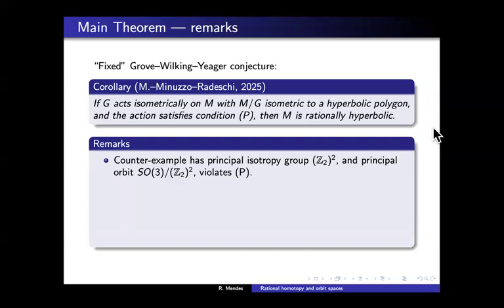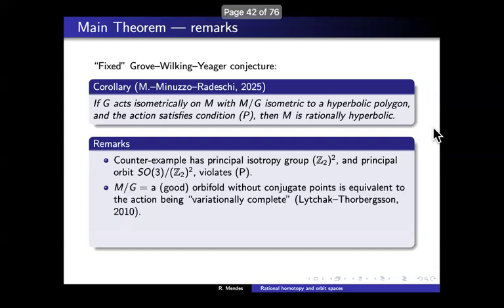So condition P is not satisfied, as it shouldn't be. Another remark is that the other condition, that the quotient is a good orbifold without conjugate points, is equivalent, by work of Lytchak and Thorbergsson, to the action being variationally complete. We're going to use that later on in the proof.